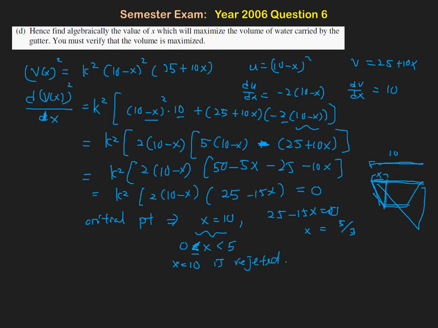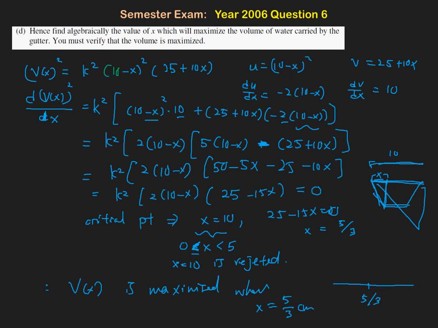Therefore V(x) is maximized when x is equal to 5 over 3 cm. And how do we show that? To support our case, we do the sign diagram. We pick a value that's less than 5 over 3 and sub it back into here.